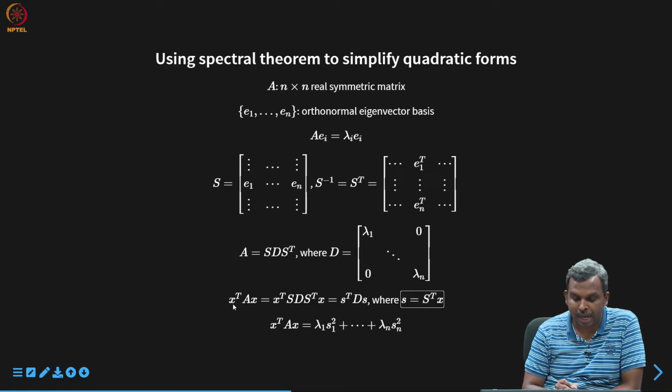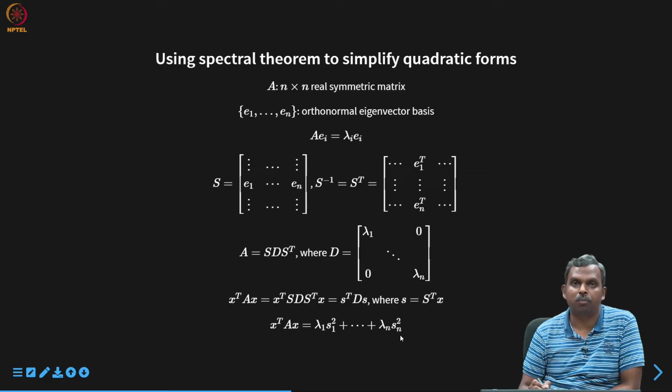So, my x transpose A x becomes s transpose D s, and D is diagonal. And once D becomes diagonal, I know that x transpose A x is simply lambda_1 s_1 squared plus so on till lambda_n s_n squared. There are no cross terms in this form once I get to the diagonalization.